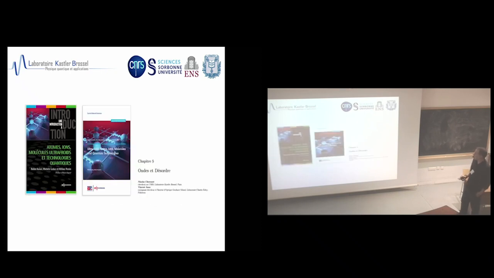But of course the field of quantum simulations is much broader nowadays, and if you are interested I can only invite you to look at this book, which was recently edited in French and in English. In there you have plenty of illustrations of quantum technologies with cold atoms by many talented groups in France.